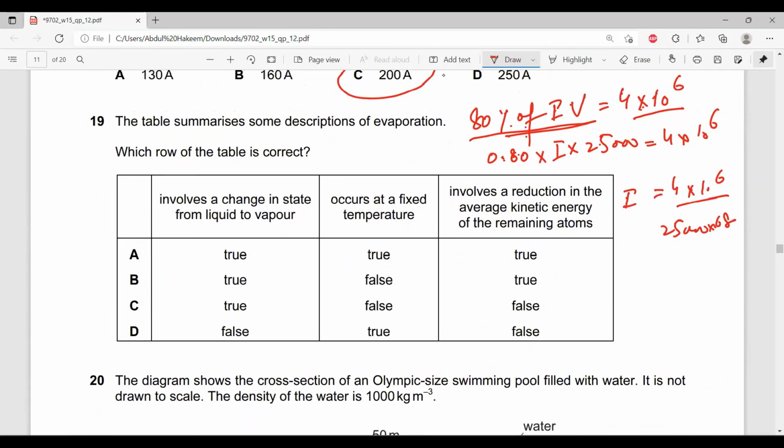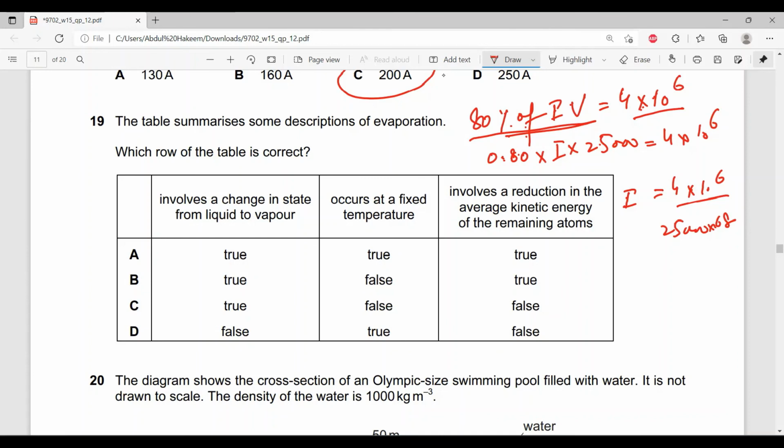So number 19, the table summarizes some description of the evaporation. Which row of the table is correct? Is similar to O-level syllabus. Involves a change in the state from liquid to vapor. Yes, where liquid is converting to steam.